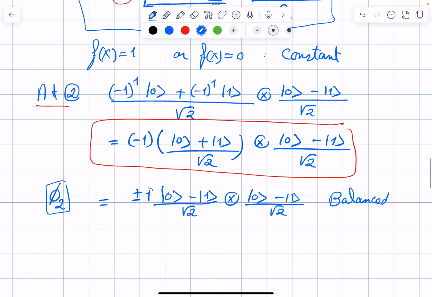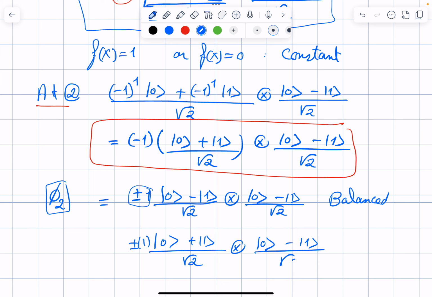The plus minus 1 is just for the two different cases, as we said. And for f of plus or minus 1 it is going to be 1 plus 1 over square root 2 tensor with 0 minus 1 over square root 2 for constant.